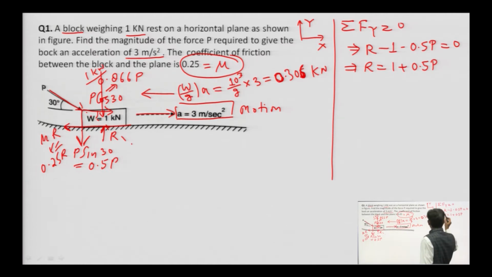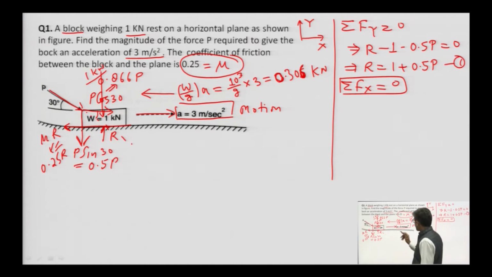So, the friction force is 0.25 into R. Now apply another equation, sigma F x equals 0. Say this is equation number 1, we will use it later on. By applying sigma F x equal to 0, what are the forces along the x axis?